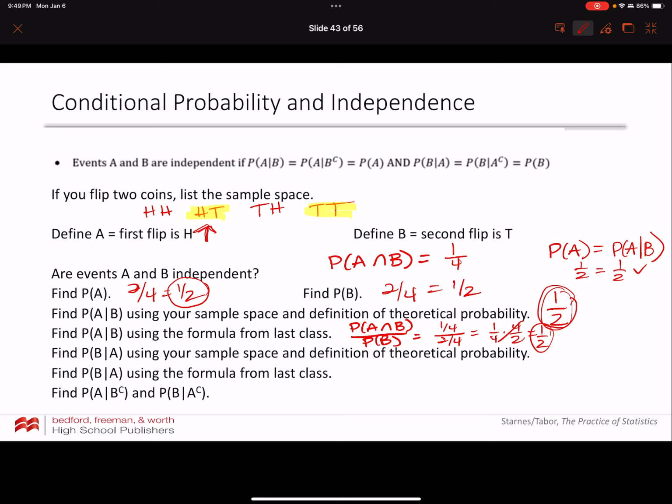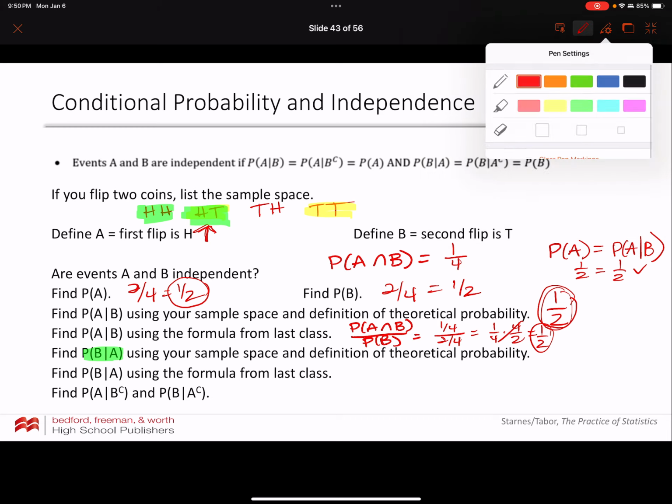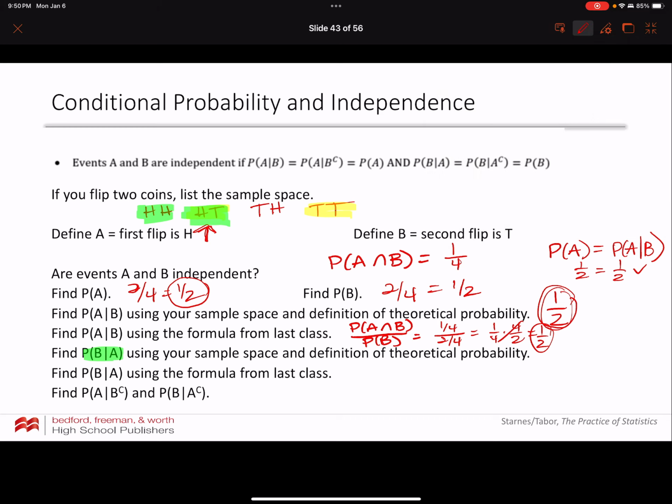So now the given part, I'll highlight this green. B given A. So if the given is that the first flip is heads, that's either this or this, right?